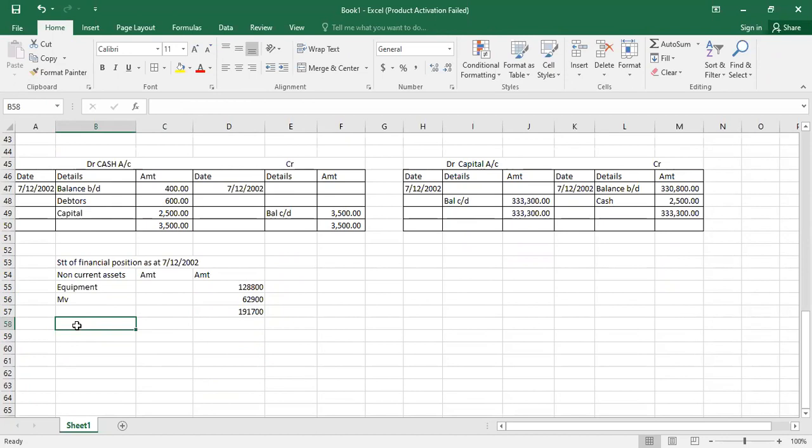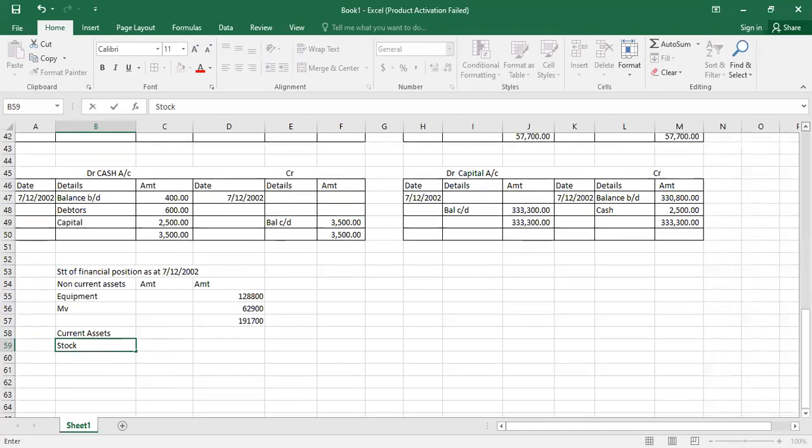Give me the current assets. We have stock. So we can go up and get the figures for stock.